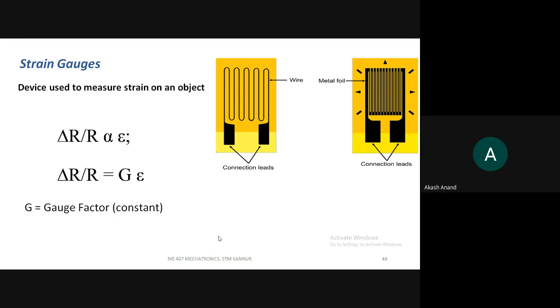Okay, parameters like pressure, force, strain can be measured or sensed using this type of device, that is strain gauge. So this device is used to measure the strain of an object. Okay, we are giving importance to the strain. So it works on the equation delta R by R equal to G times epsilon, and G is the gauge factor. It is already kept as constant for a certain device.